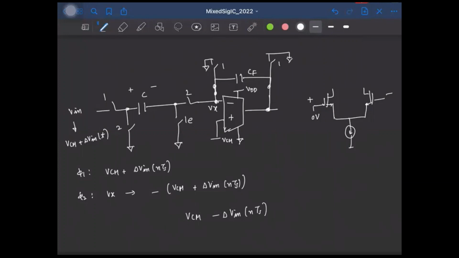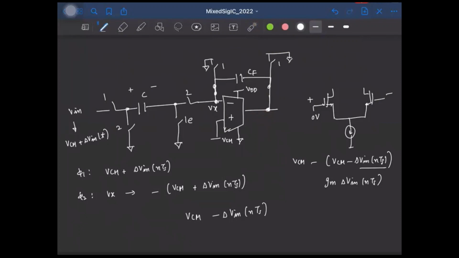So this will make sure that we have a differential current proportional to the differential input, which is VCM, that is this voltage, minus VCM minus delta Vin of nTs, right? So we'll have a current proportional to this delta Vin of nTs, that is GM times delta Vin of nTs, right? That will be pushed out of the OpAmp, right? So this is the voltage we want Vx to jump to.